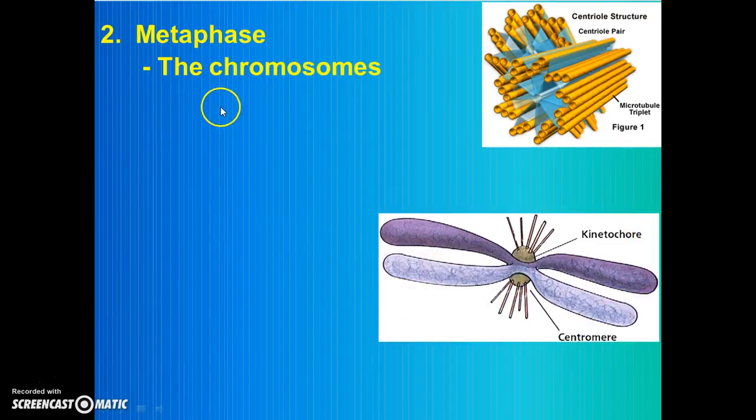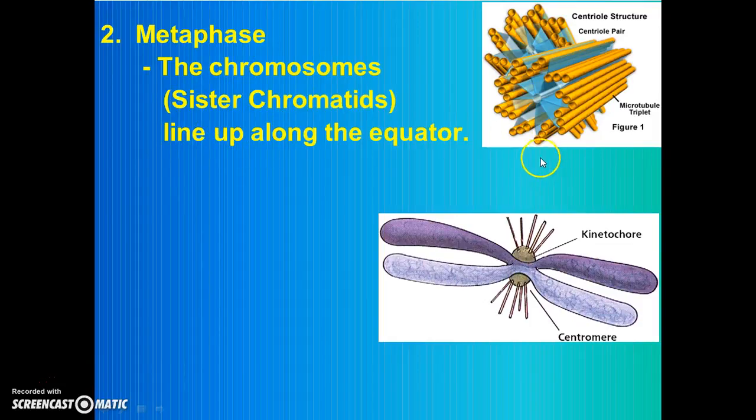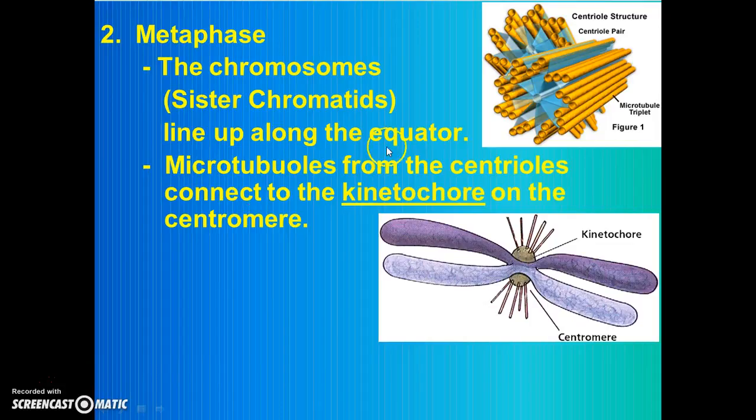During metaphase, the chromosomes, or sister chromatids, line up around the equator, which is kind of like how you would think it would be. Just imagine giant X's lining up on the equator of Earth. Microtubules from the centrioles connect to the connector on the centromere.